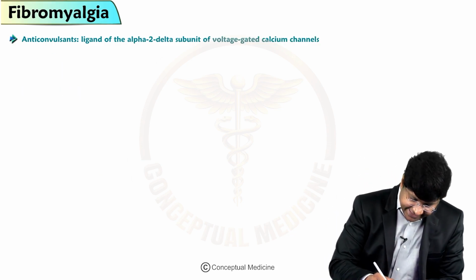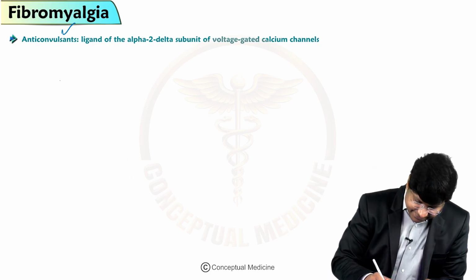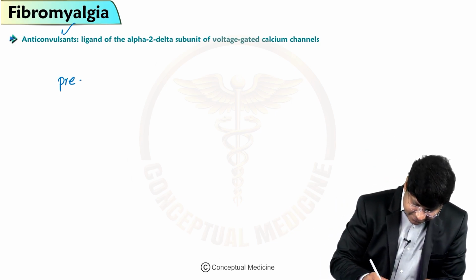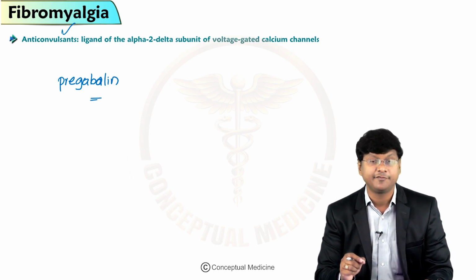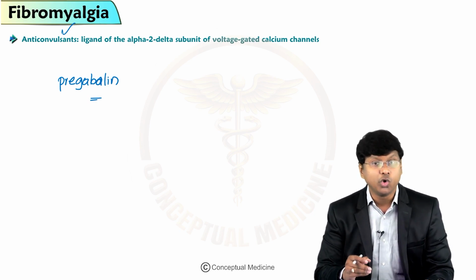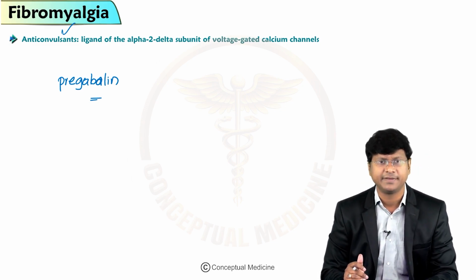Then followed by that, anticonvulsants, for example Pregabalin. This Pregabalin is a ligand of the alpha 2 delta subunit of voltage gated calcium channels. These are also very important in the management of fibromyalgia.